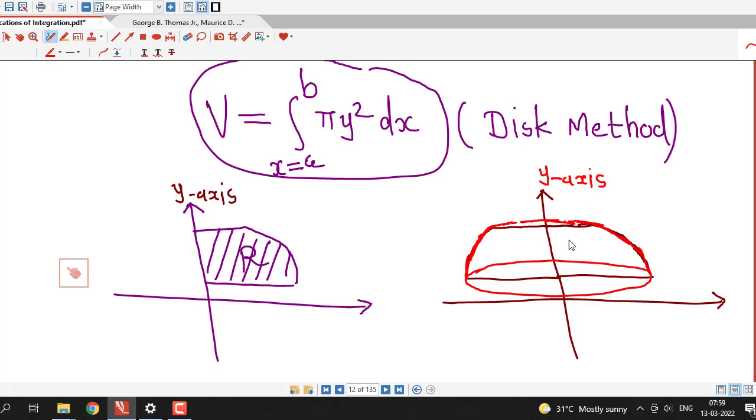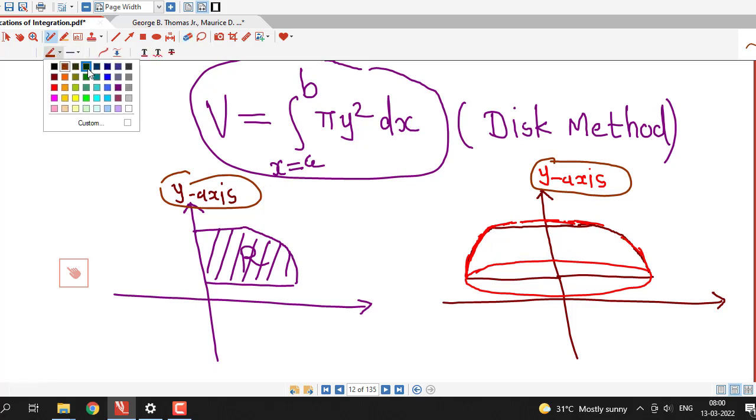So to obtain the volume of this solid which is generated, we consider a cross section perpendicular to the y-axis, not the x-axis. Here the axis of rotation is the y-axis. So we take a cross section perpendicular to the y-axis, and we will obtain a circular disc. We have to go up to this, our circular disc or cross section perpendicular to the y-axis will look like this.